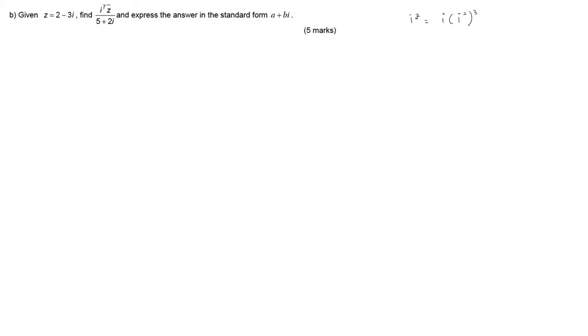Okay, to break down the power 7, number 1, we must always start with i power 2. Okay, we always start from i power 2 because i power 2 is equal to negative 1. But i power 2 cannot make power 7.